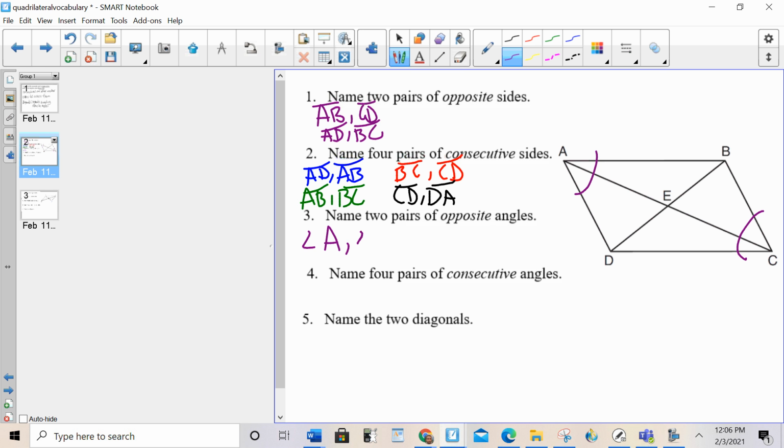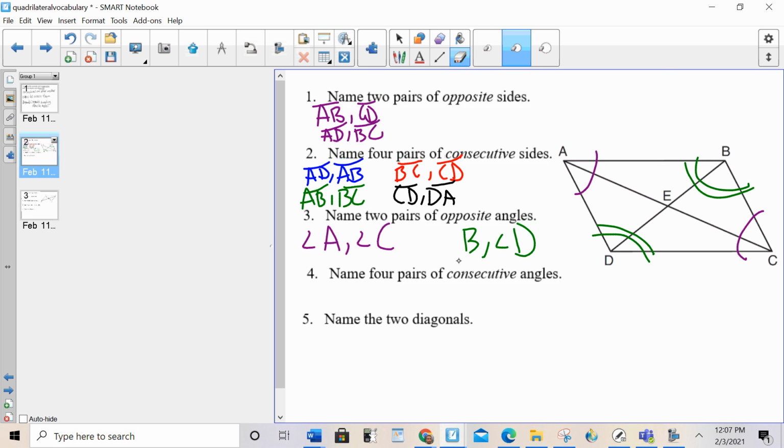Angle A and angle C are opposite angles. And angle B and angle D are opposite angles. They are opposite because they are across from each other. They are not one after another. They're basically at opposite vertices.